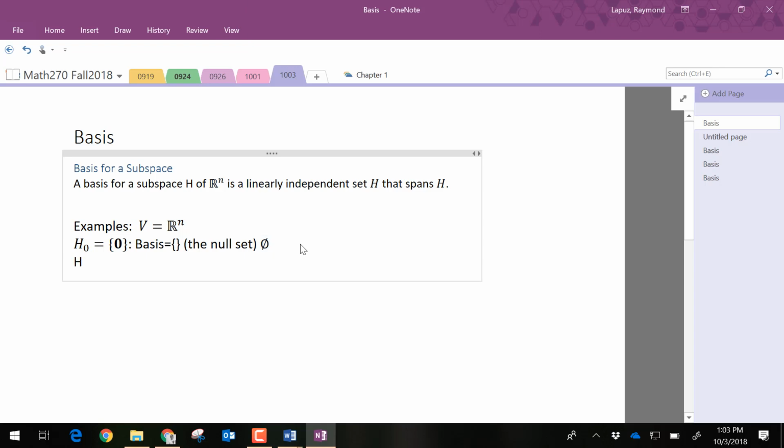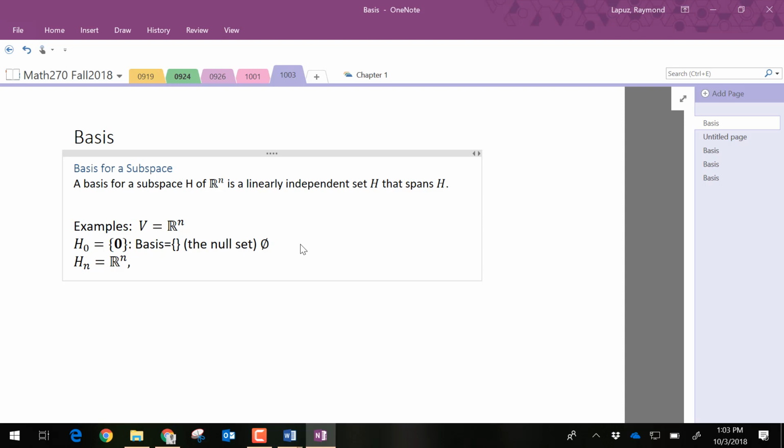Let's call this Hn. And we said before that the whole vector space can also be considered a subspace, right?